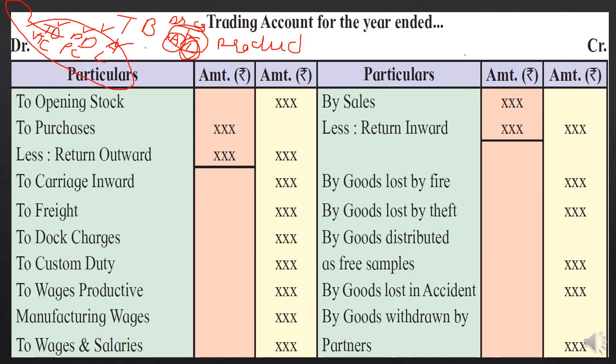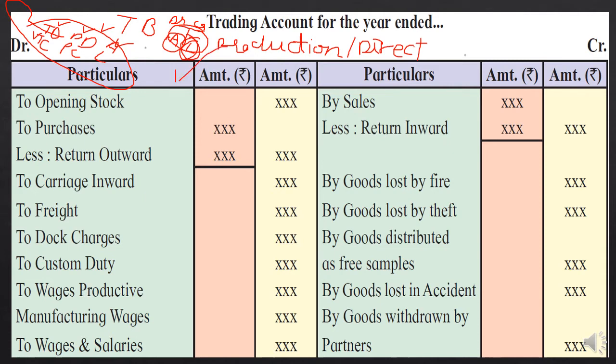Whatever production-related activity, expenses and losses, income and gain there is, all will be posted to the trading account. Production expense is also known as direct expense, so don't get confused. Production expenses and losses, or we can say direct expenses and losses, will be debited here.